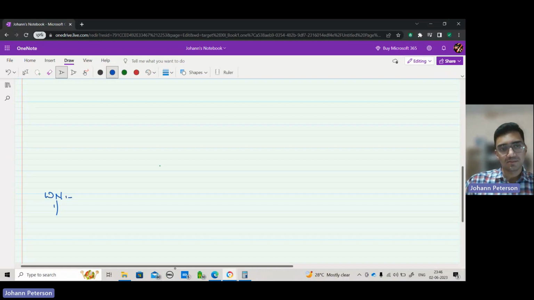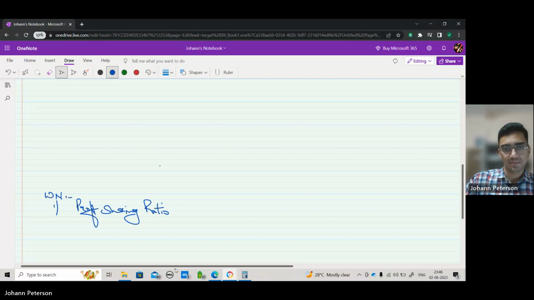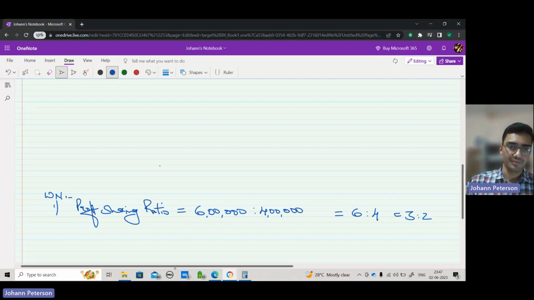So capitals are, or the profit sharing ratio is 6 lakh is to 4 lakh, which is equal to, you can cut out the zeros, so it is 6 is to 4, which is 3s are 6 and 2s are 4, so 3 is to 2.